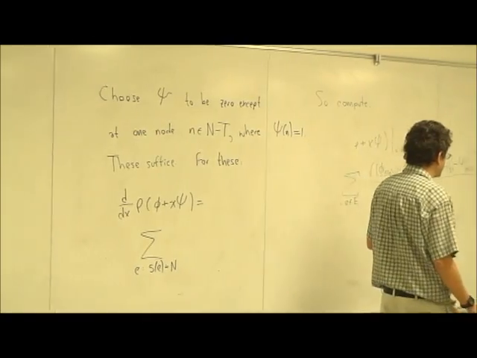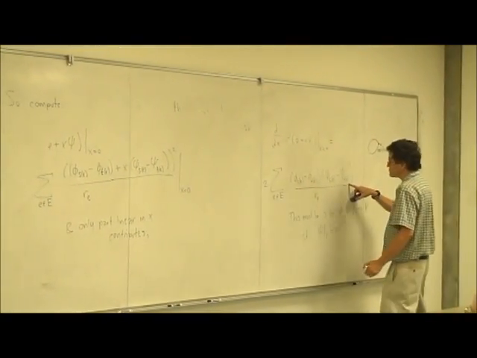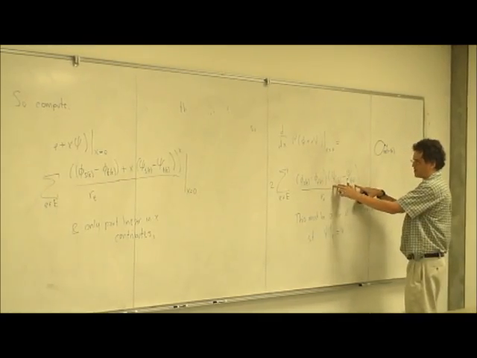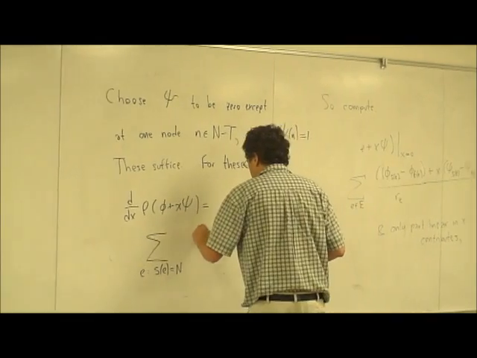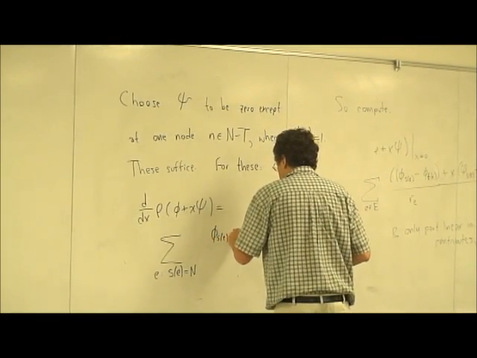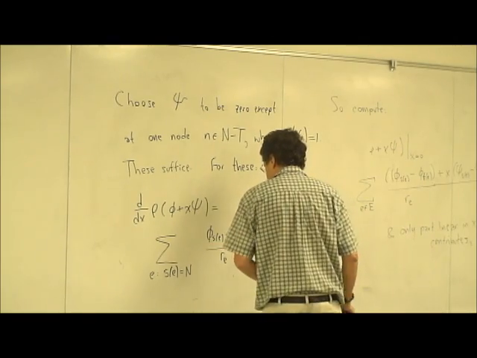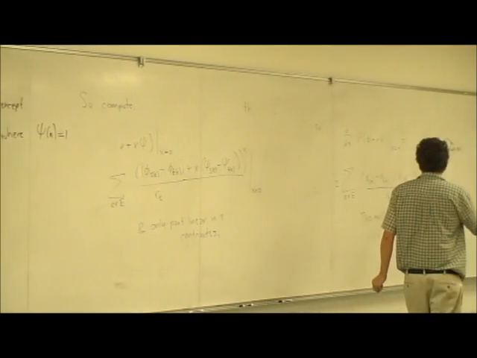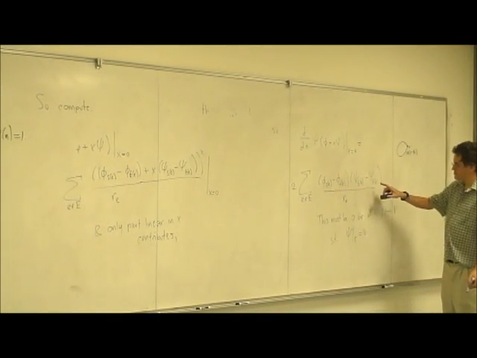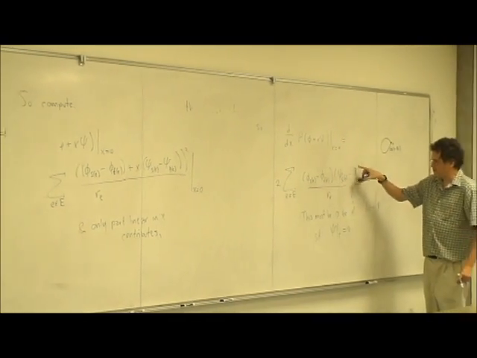So if the source of that edge is n, and let's say the target isn't n, then we get 1 here. So we get V of S of E minus V of T of E over the resistance. And then we do the case where the target of E is our favorite node n, and then we get a minus 1 here.